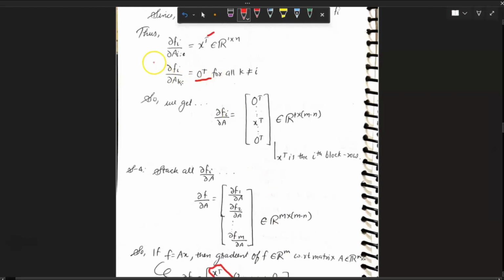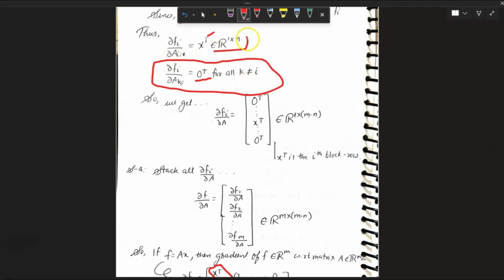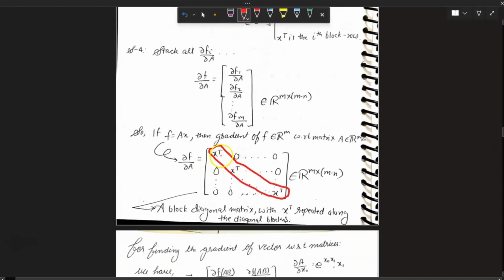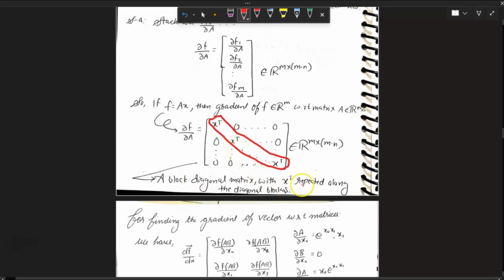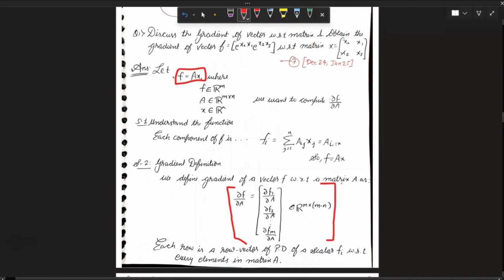According to this definition, every non-diagonal element is 0 and every diagonal element is x transpose. So likewise you have to do it. It's a block diagonal matrix with x transpose repeated along the diagonal blocks. So this is the answer for the first part of the question.